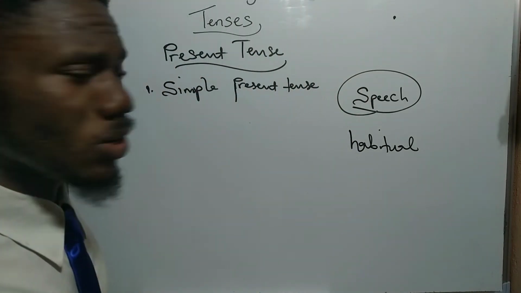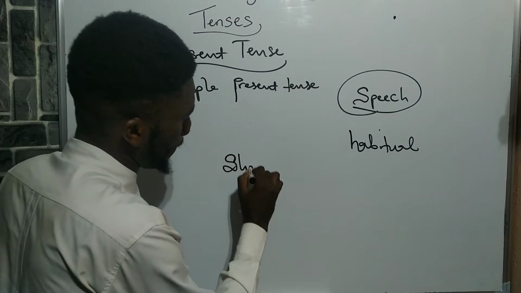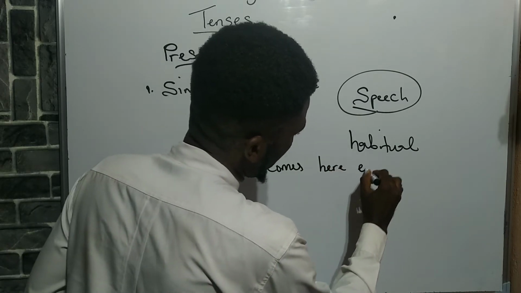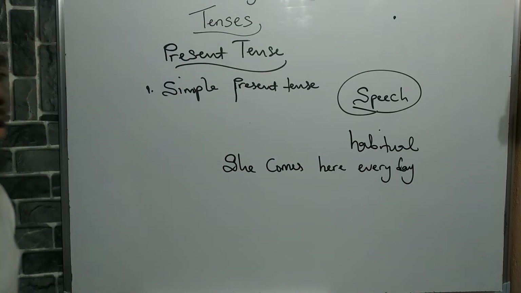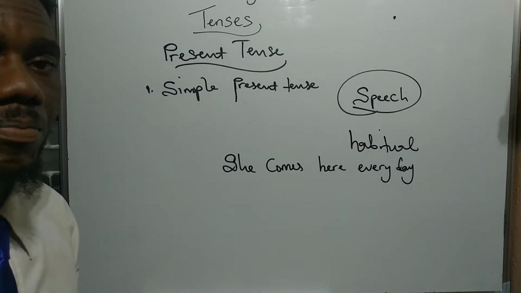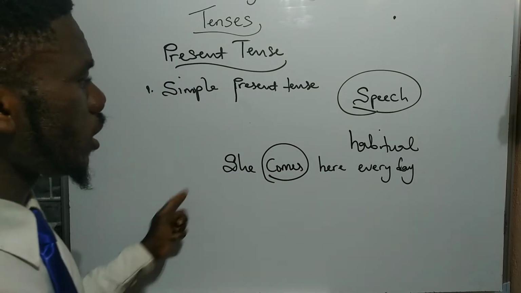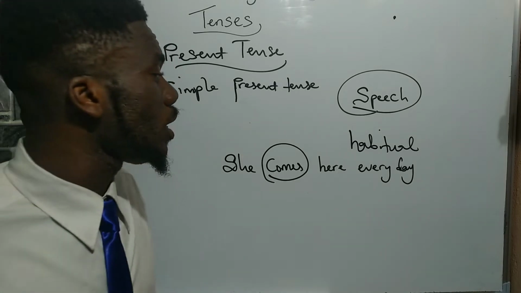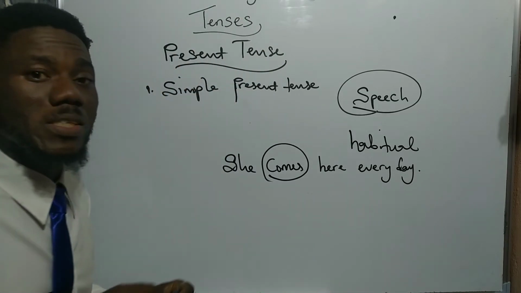Okay, now let us exemplify. When you have something like she comes here, if you have something like this, she comes here every day, this is what we are looking at. She comes. The shape of this verb here, comes, will tell you that this particular sentence is in the simple present tense form.